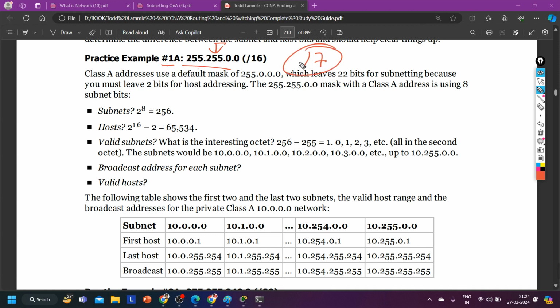If slash 17, then the main octet is the third octet. Like that you can find the block size, and from the block size you can find the next network. You just need to add the block size in the octet where the last one is present. That's it. Clear?